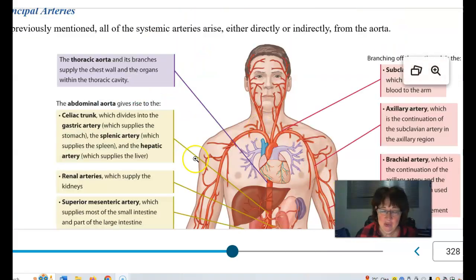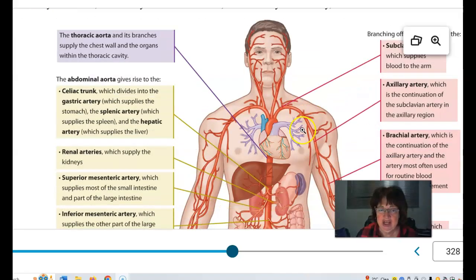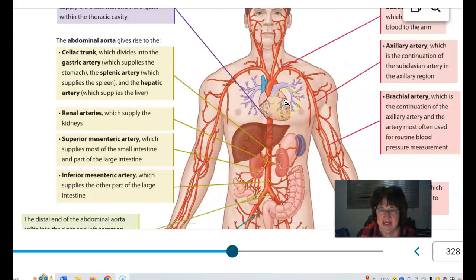Okay, let's continue on with the other principal arteries. So we are going to go down the arm. So here is our aortic arch. The third branch that comes off the aortic arch is the subclavian artery, and it's going to go under the clavicle and down the arm. Then the part that goes into the armpit, axillary artery.